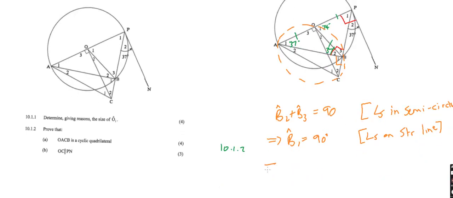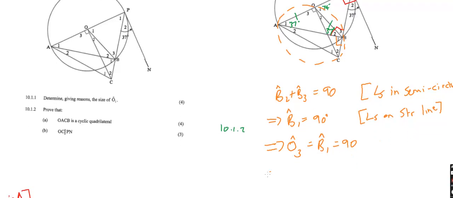So now, what have we just proven? We've proven that O3 is equal to B1, which is equal to 90. We've proven this. I don't need a reason for that. Therefore, OACB is a cyclic quad.